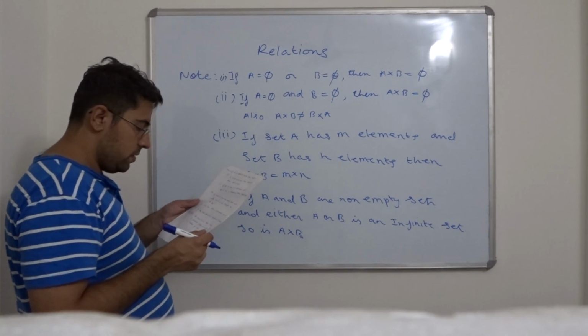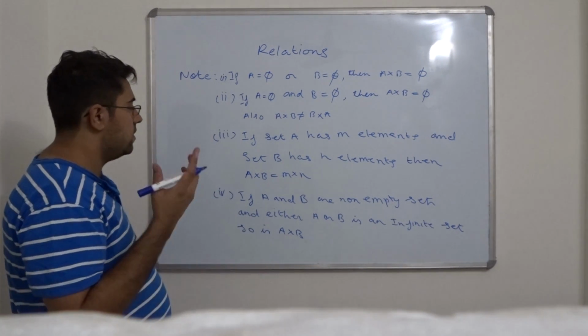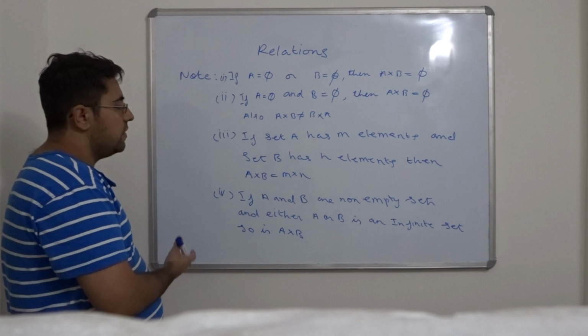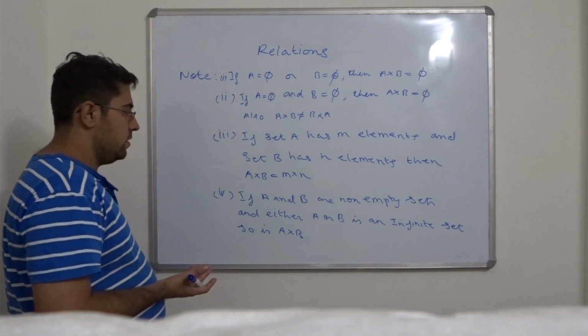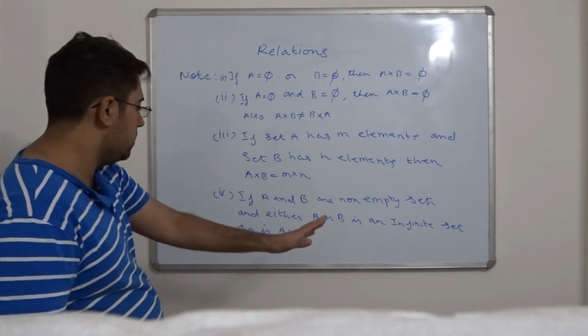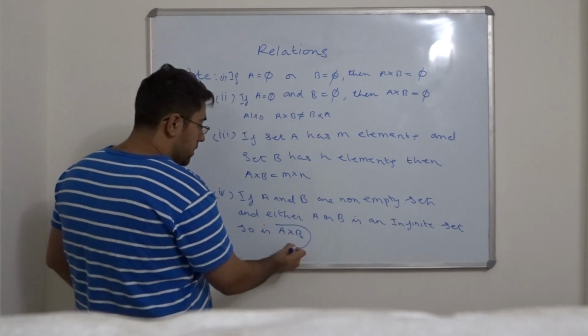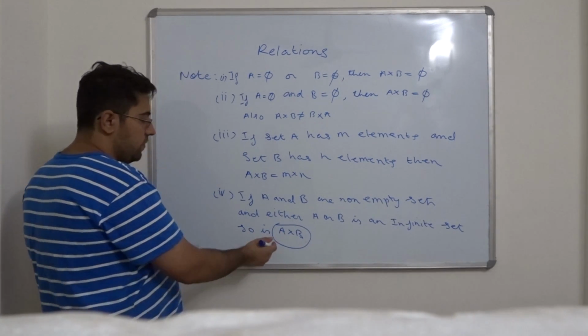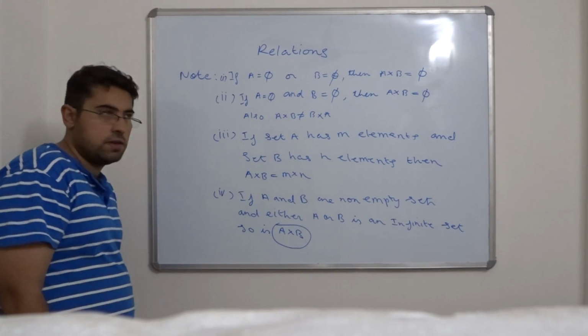So basically, what this means is that if A and B are non-empty sets, and either A or B is an infinite set, then the Cartesian product of these two sets will also become an infinite set.